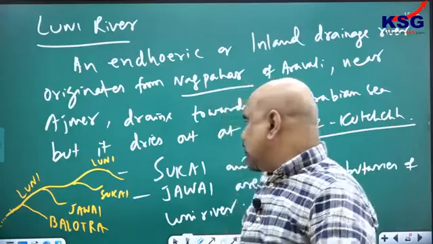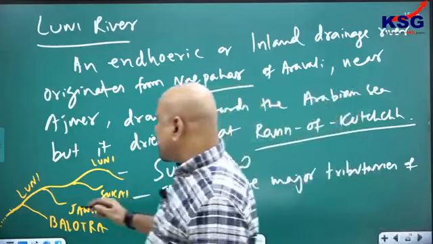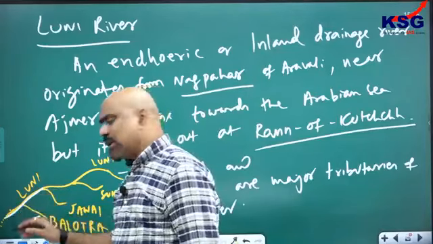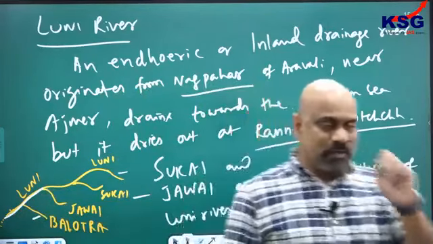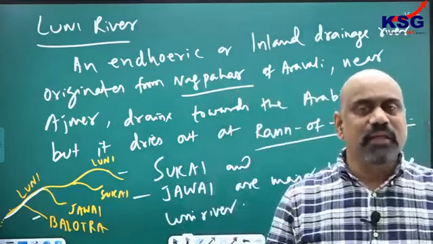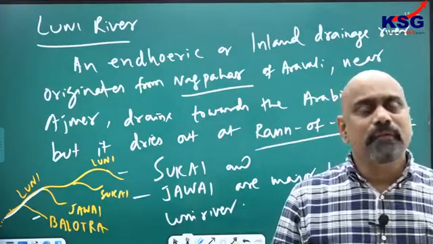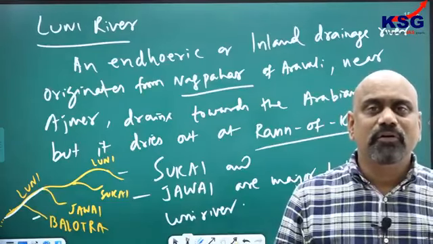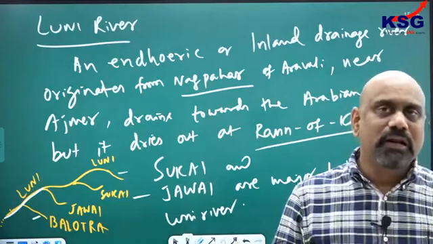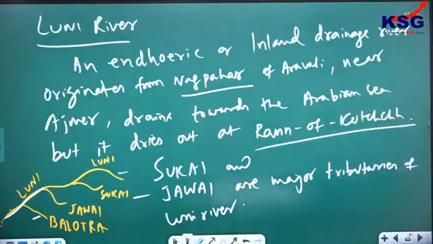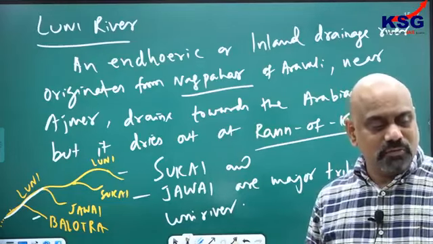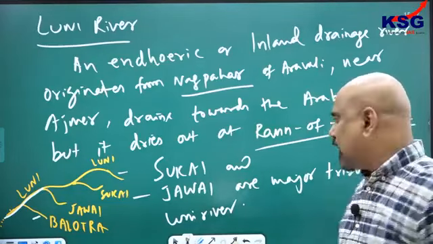After the Jawai river meets, the salinity becomes more. Maybe because the Jawai river originates from a more salt-rich aquifer. Aquifer means the porous and permeable rock from where a stream originates. That may be the cause that it becomes saline.